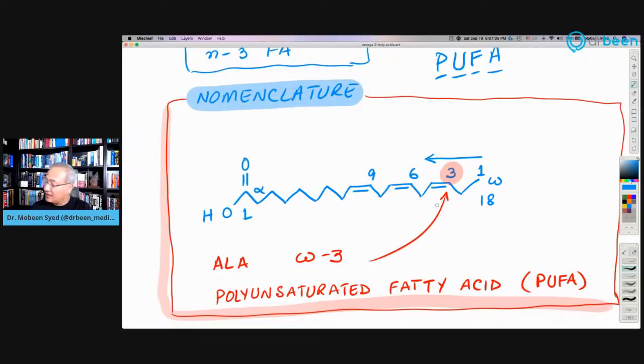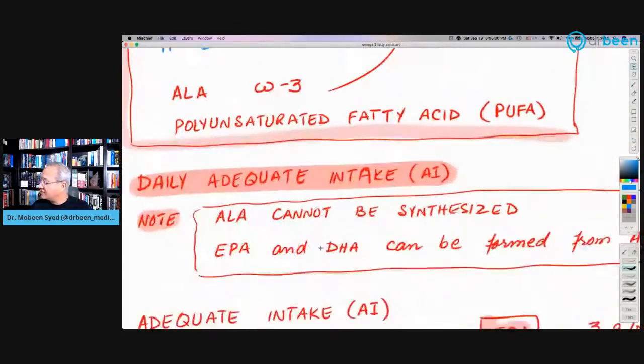Poly means many. So this molecule has many unsaturated bonds. If there was just one unsaturated and the others were saturated, then that would be called a monounsaturated bond. So I hope that clarifies the concept of polyunsaturated bonds. So this is ALA, which is omega-3. It is a polyunsaturated fatty acid. All right, so let's continue.